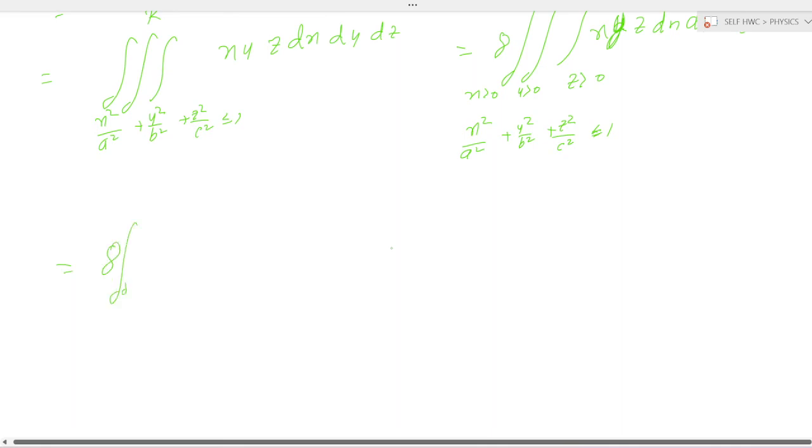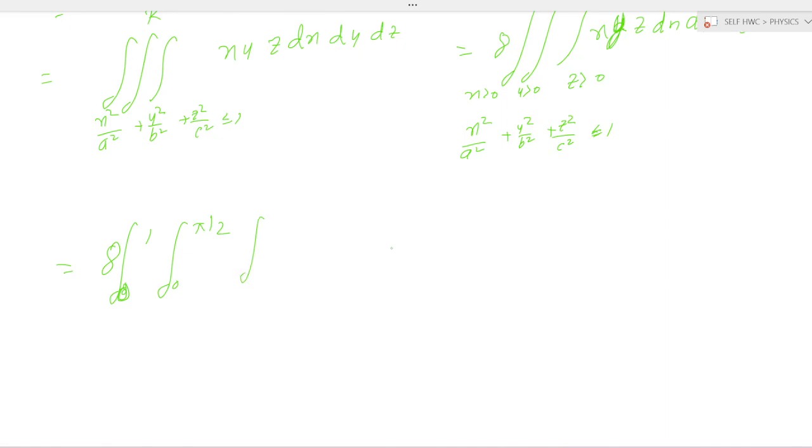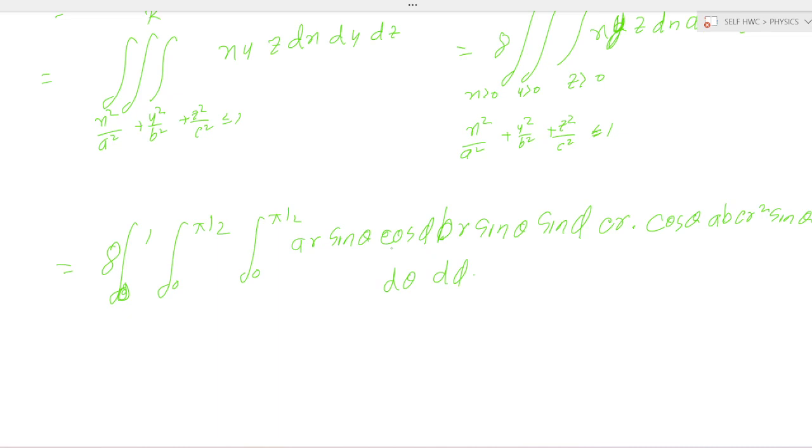which is equal to 8 times the integral 0 to 1, 0 to pi by 2, and 0 to pi by 2 of ar sine theta cos phi, br sine theta sine phi, and cr cos theta, into abc r square sine theta, dr d theta d phi.